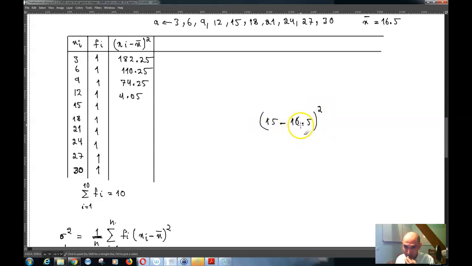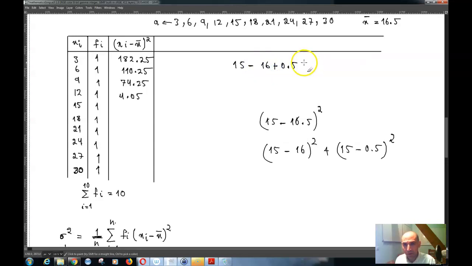I can write 15 minus 16.5 whole squared as 15 minus 16 plus 0.5, whole squared.